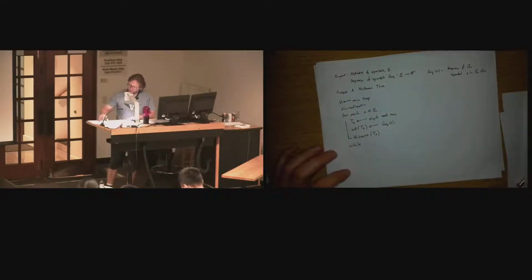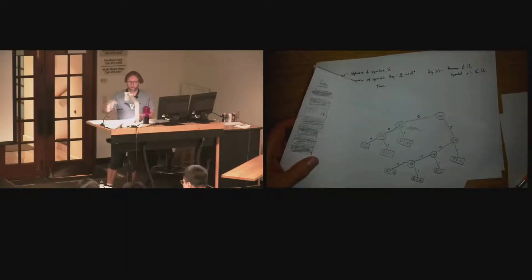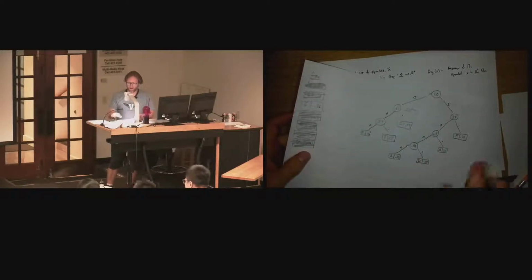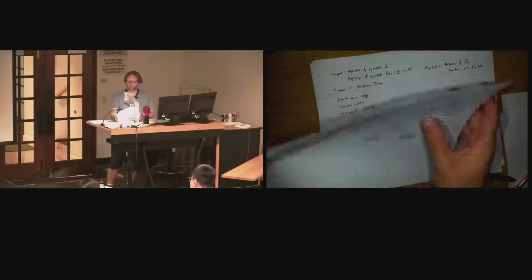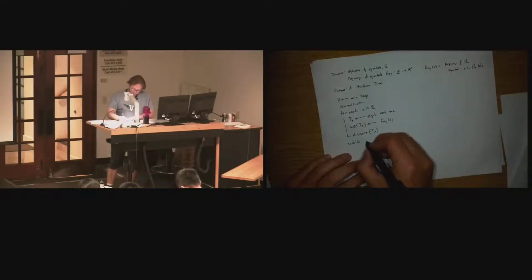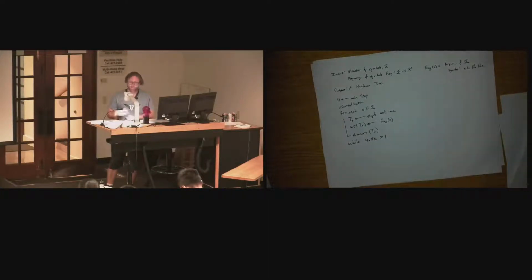Now, when did I stop again? I pulled out one, I pulled out another, I combined them, I threw it back in. I stopped when I had 1 tree. So while h.size is strictly greater than 1, continue doing that.